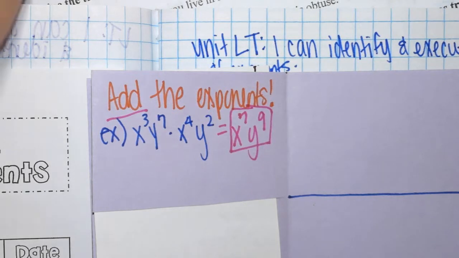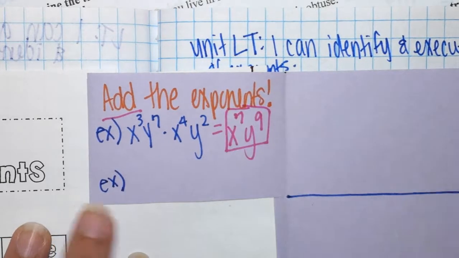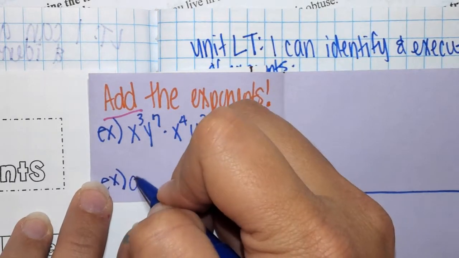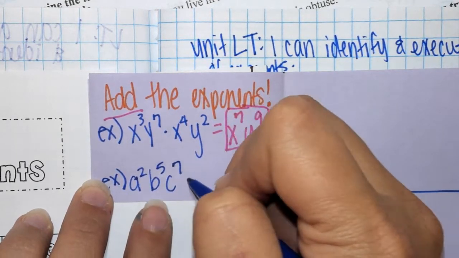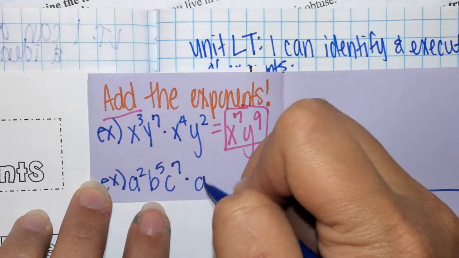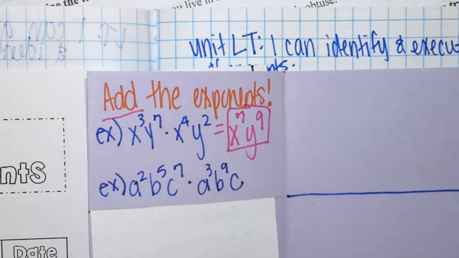Alright, let's try another one. If I say a squared b to the 5th c to the 7th times a cubed b to the 9th c.